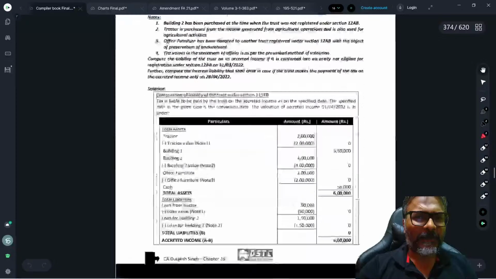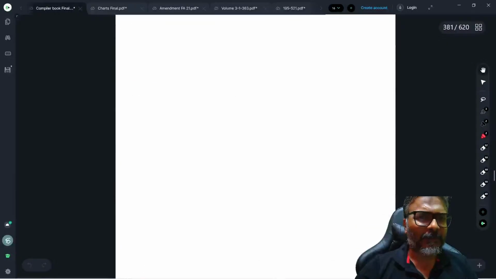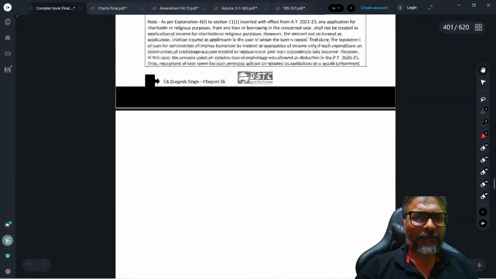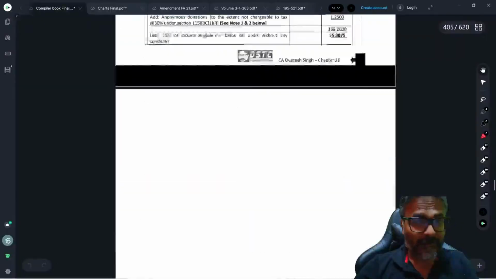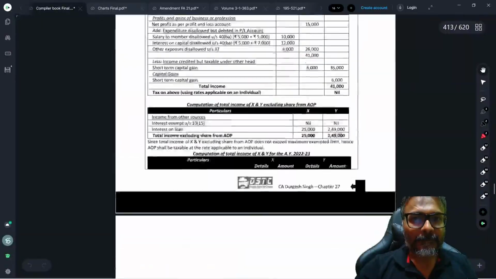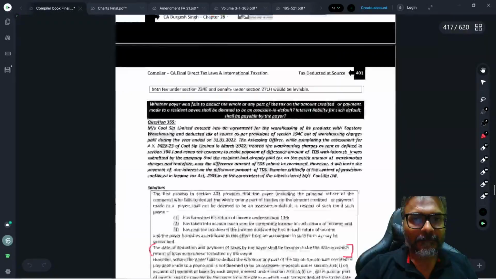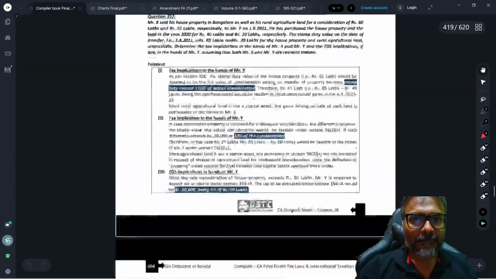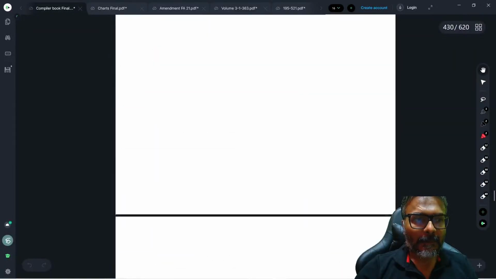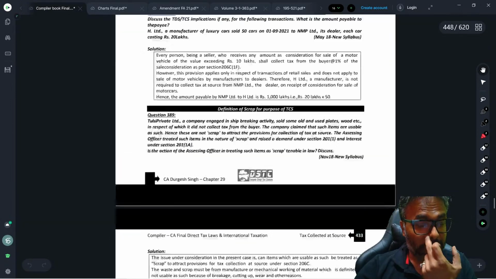That is the approach we have been adopting in all the compiler sessions that we have done so far. Same approach, students, we are going to follow here. So let's start. Page 495, students. Now you all will take the first question.